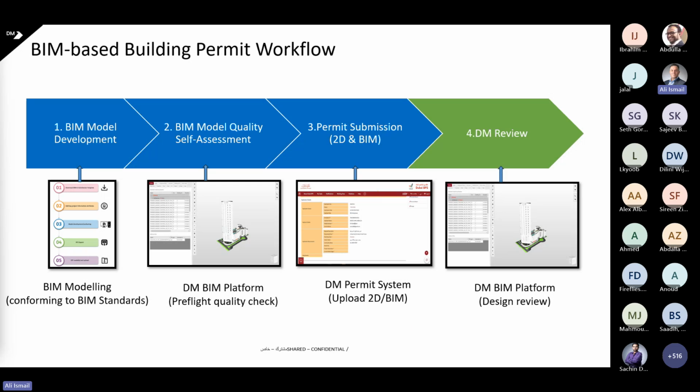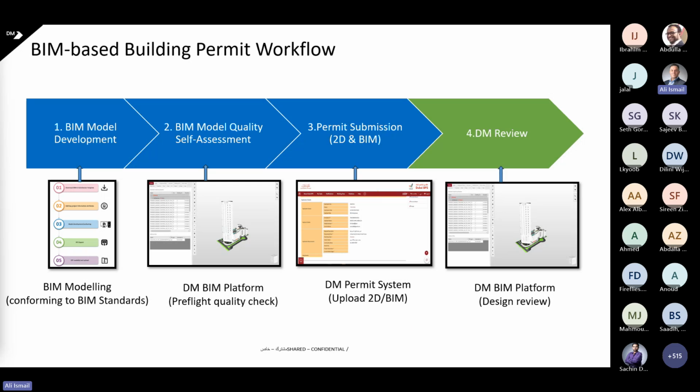These three steps can go in a cycle until your model fulfills the requirements, and is good enough for extracting the building card, good enough for checking the majority of the rules, and good enough to be exported automatically to the GIS and the digital twin of Dubai.